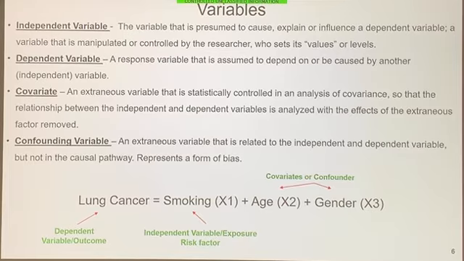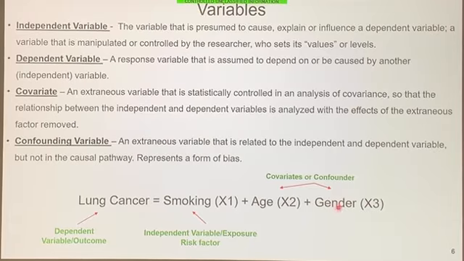When looking at biostats, there are certain terms that we need to understand. They're foundational to understanding biostatistics, and they're variables. So if you asked the question below here, does smoking cause lung cancer in the population, if that was your PICO question?